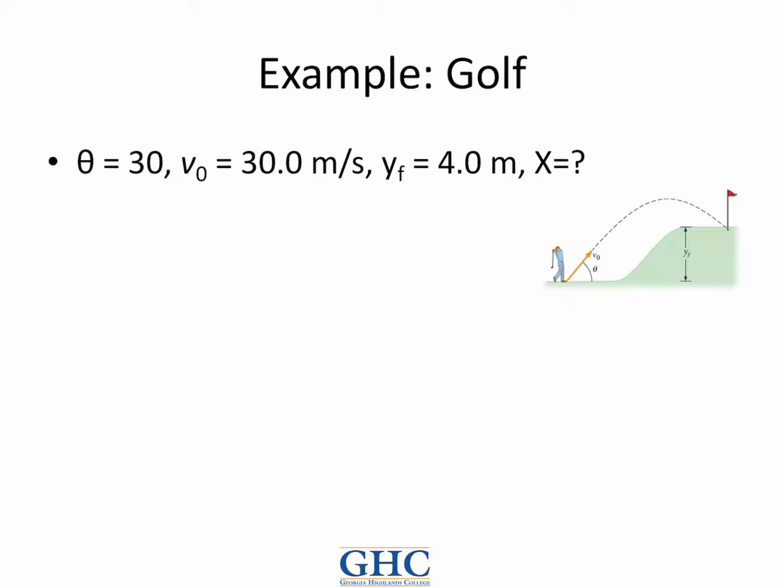So first, let's build our coordinate system, x, y. In the x direction, we should be able to find our initial velocity, and my calculation gives 25.9 meters per second.